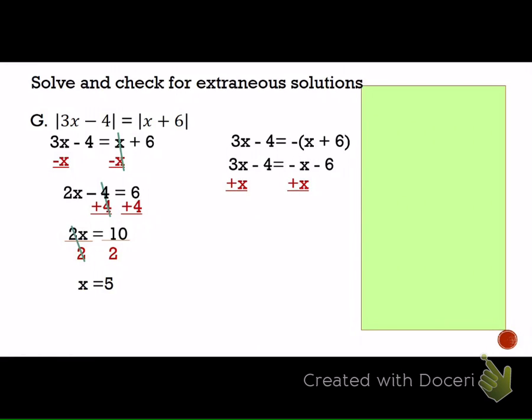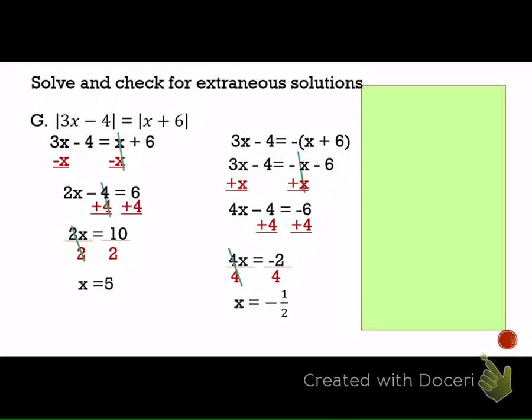So it sort of changes the whole way the problem works out. Then what? Add 4 to both sides. Divide by 4. So these are my two solutions.